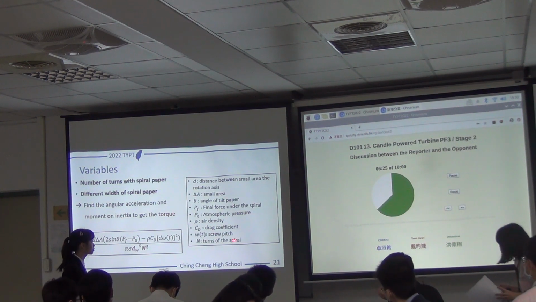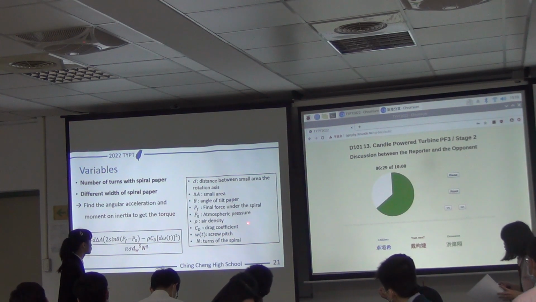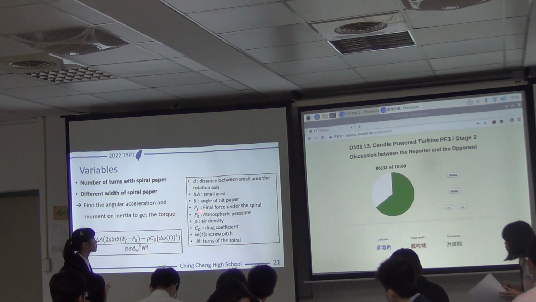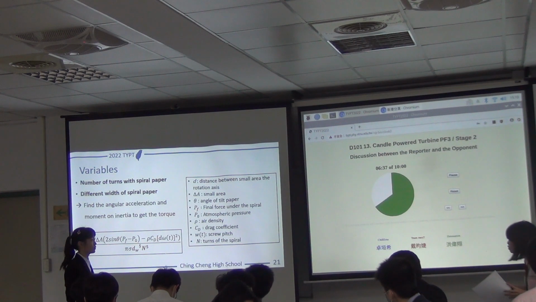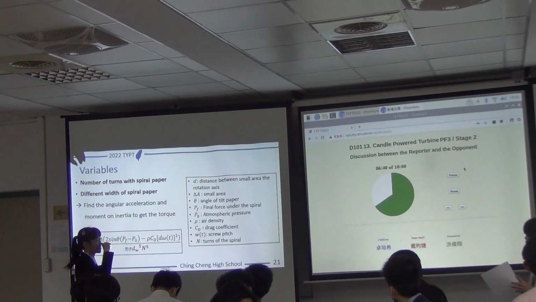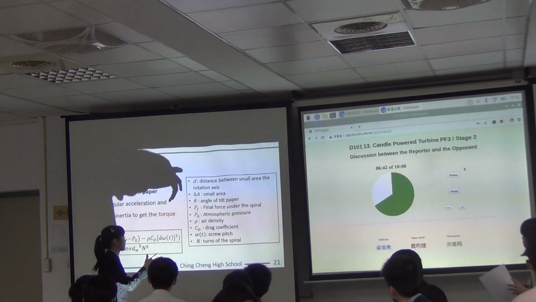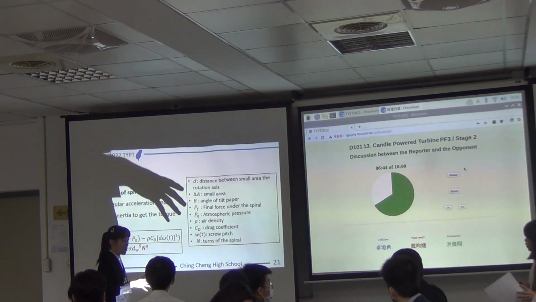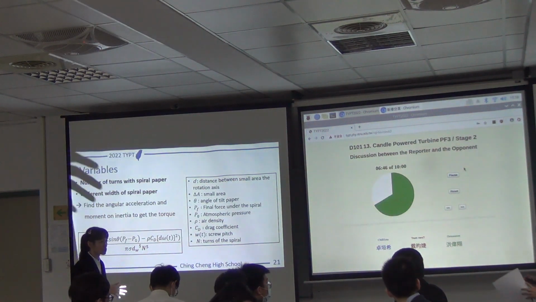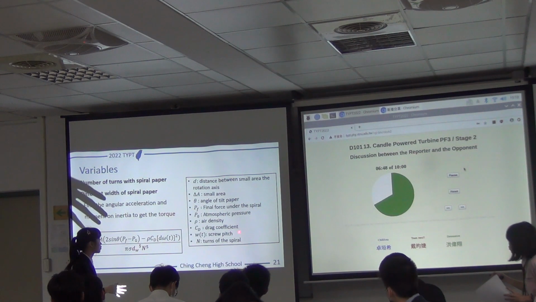However, the thing I was not sure about here was what screw pitch means, and also the PF, which I suppose P should mean pressure. However, it says right here that it's a final force. And it means just the final pressure. So it should be the final pressure. Okay, so then can you explain what screw pitch means?